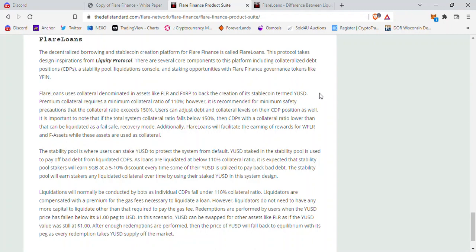And the reason for this, as it says down here, is additionally FlareLoans will facilitate the earning of rewards for wrapped Flare and F assets while these assets are used as collateral. And we see that on ExFi right now. You can use your wrapped Songbird to mint some Canary Dollar to then use across the protocol, but then also that wrapped Songbird is still earning you FTSO rewards from the FTSO that you delegated to. So best of both worlds.